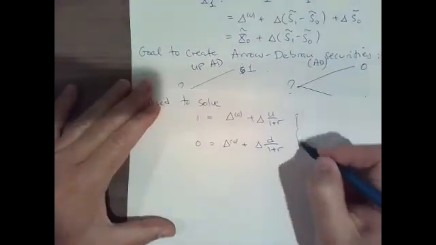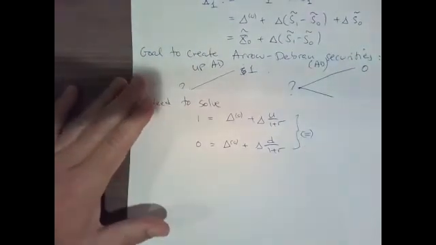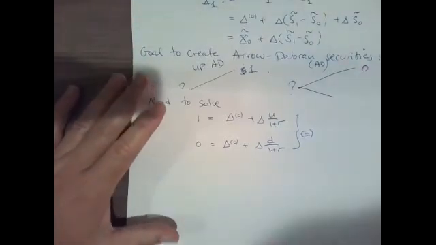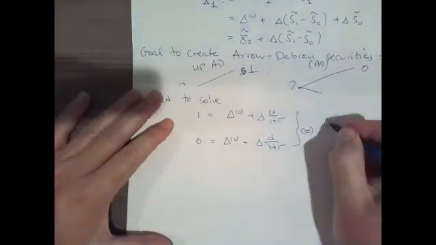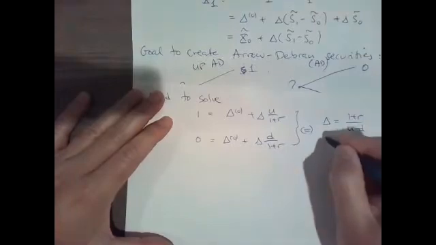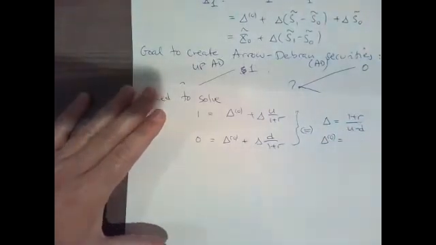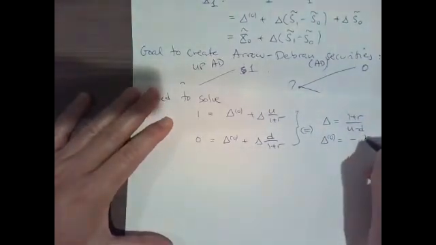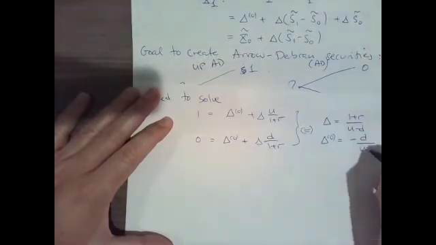So this here is the same thing. If I did it correctly, this is the same thing as saying that delta is 1 plus r divided by u minus d, and that delta 0 is minus d divided by u minus d.